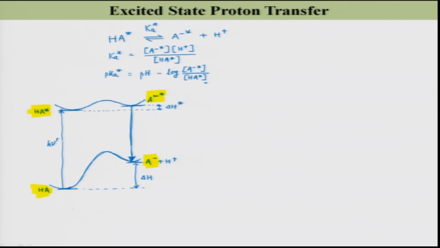Now, from this diagram I can easily write two things. One is delta H star plus h nu prime, and that also has to be multiplied by the Avogadro number.